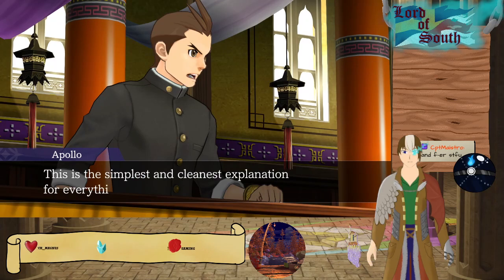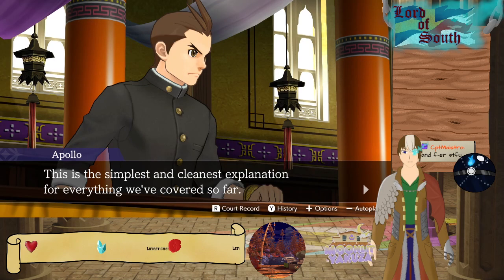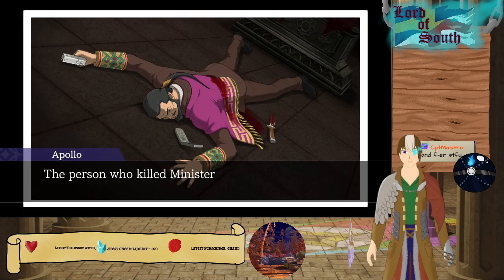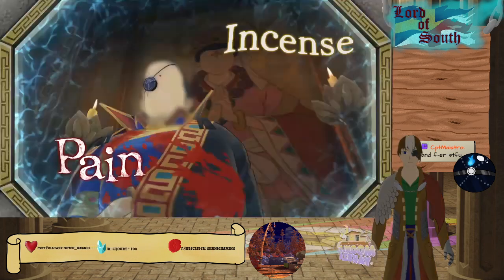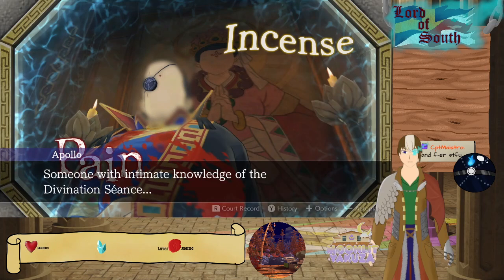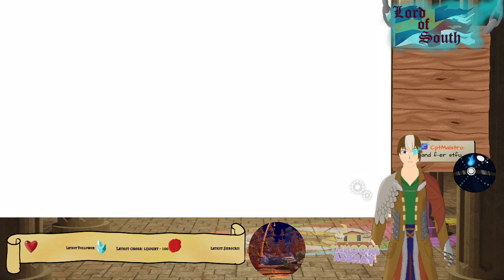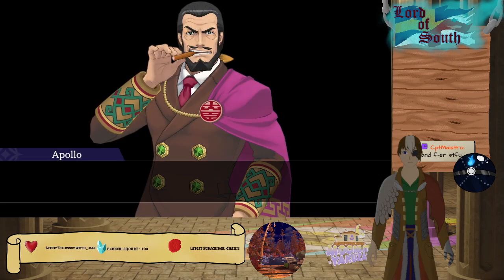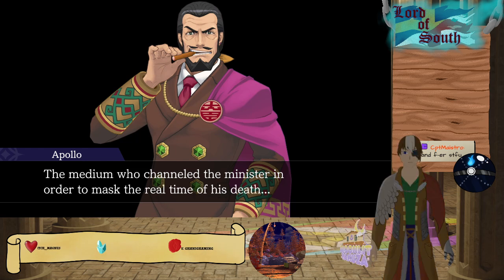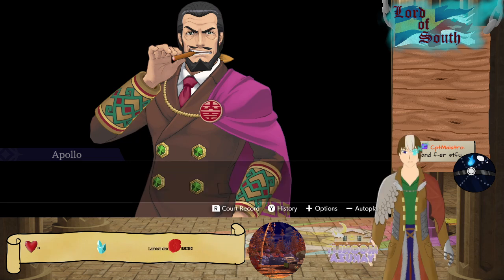This is the simplest and cleanest explanation for everything we have covered so far. The person who killed Minister Inga, yeah, the little diamond there, is someone with intimate knowledge of the divination science. The medium who channeled the minister in order to mask the real time of his death.